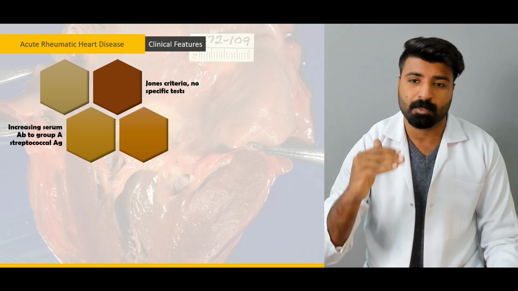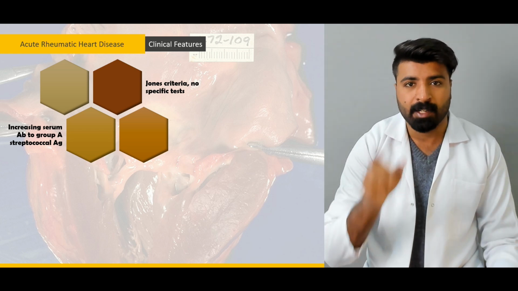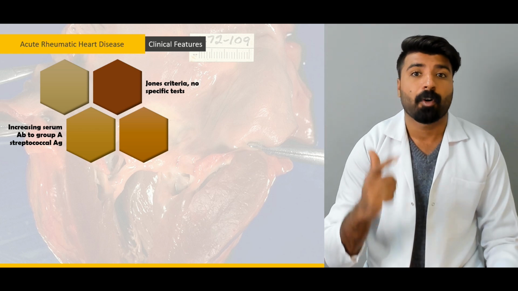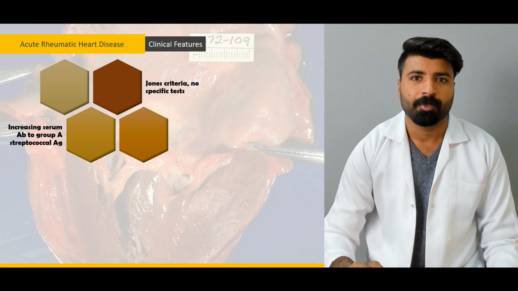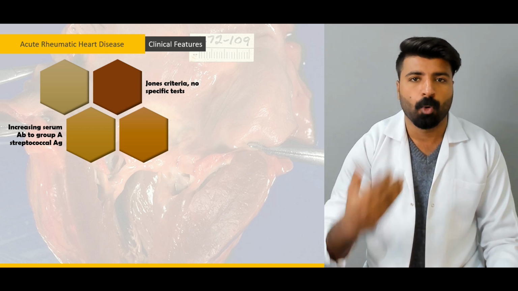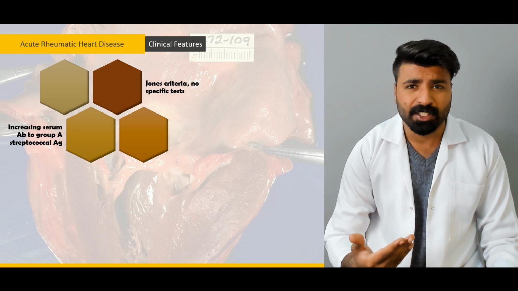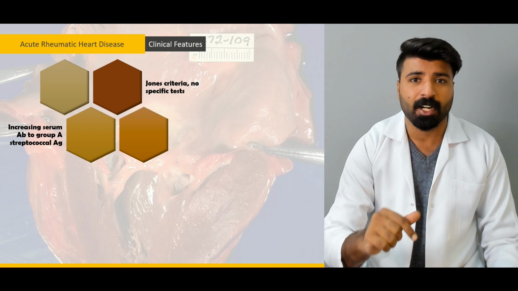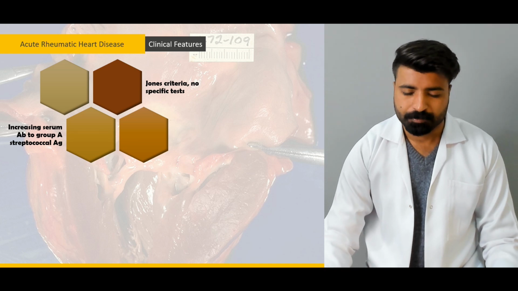If the antibodies are increasing in number, that means either the antigen is still present inside the body, or the body is hyperreacting. The body is overreacting to that antigen. When the body is overreacting, more antibodies will be produced, and more cytotoxic T cells are already in the making. Both of them will go on and affect myocardial cells and the valves, and they'll lead to pathology.